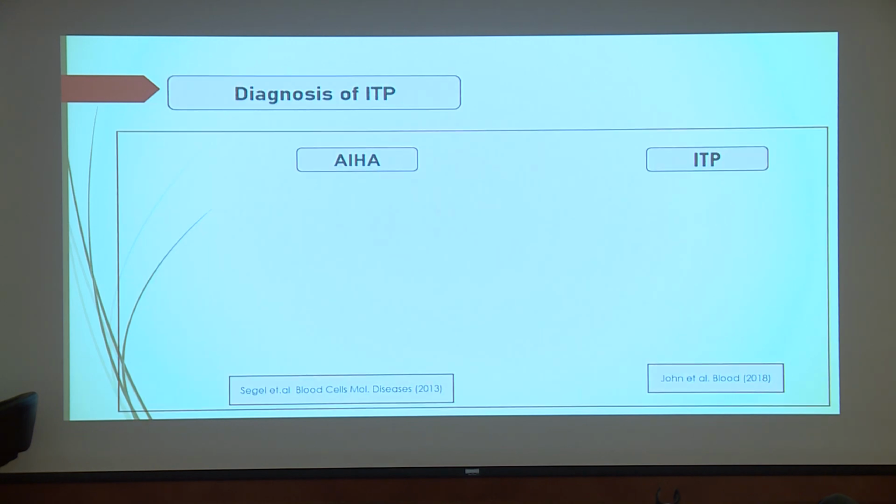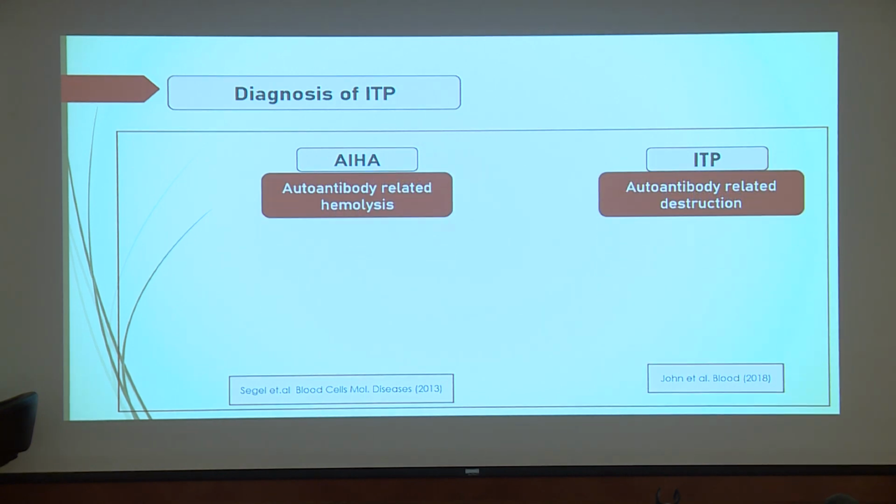So I will go now to some slides on the diagnosis of ITP. As I said before, autoimmune hemolytic anemia has been taken as a prototype for ITP diagnosis, because of the similarity between the two diseases.